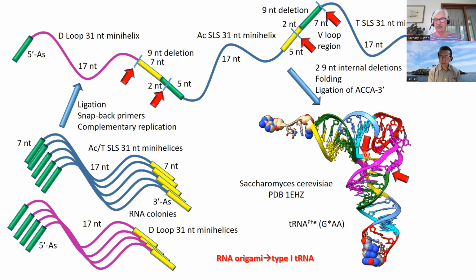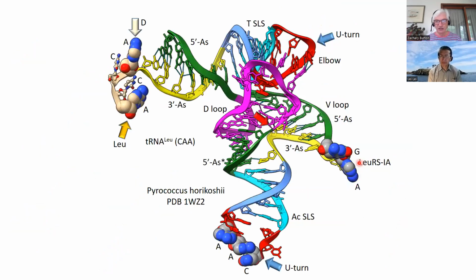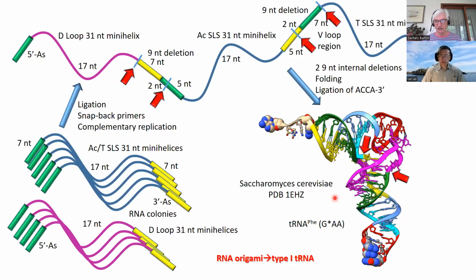That's this fragment right here. And just to compare it once more, here you have 7 yellow, 7 green, and here you've deleted 2 yellow plus 7 green, and you're left with 7 yellow. Sorry, 5 yellow.